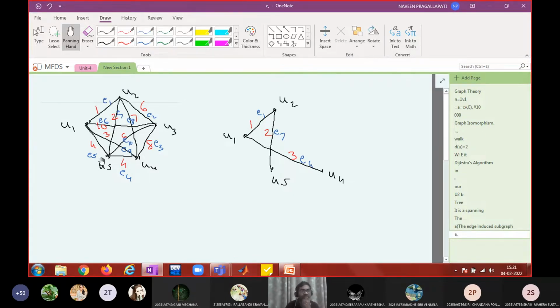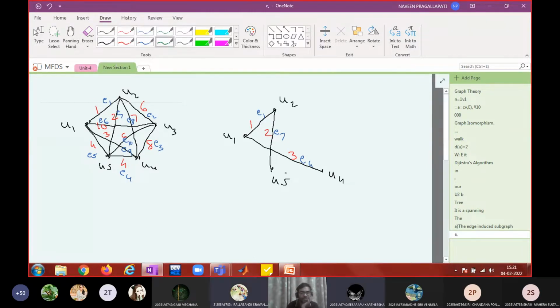There are 2 edges of the same weight, E4 and E5. So which one can I select? They'll form a cycle, no, sir. Which one, if I select, forms a cycle? Both. If I select E4, what happens?